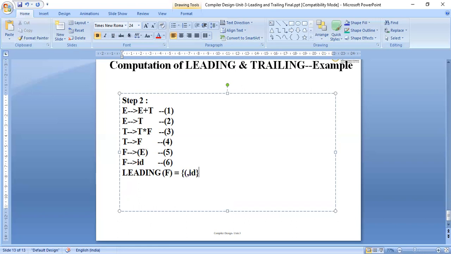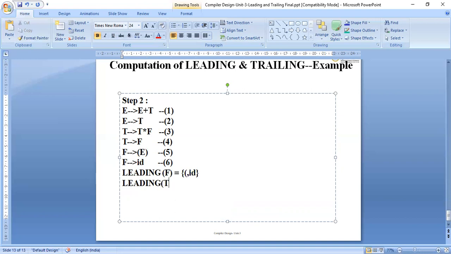The leading of T is, in comparing here, what is the first symbol? Star.